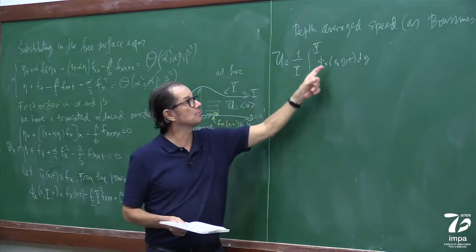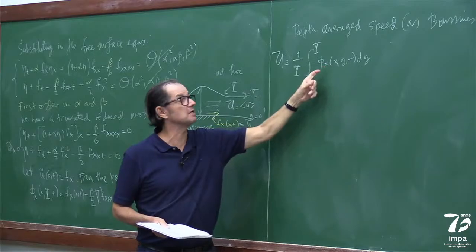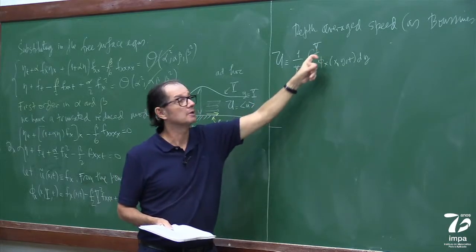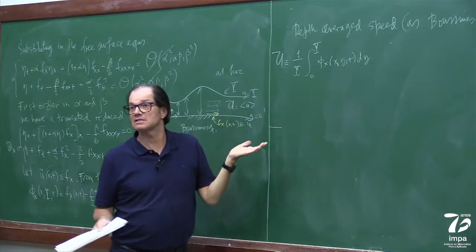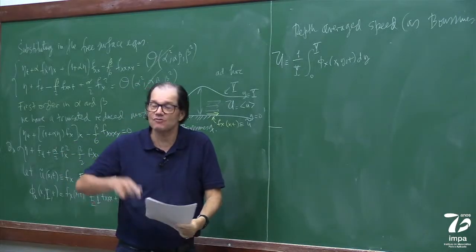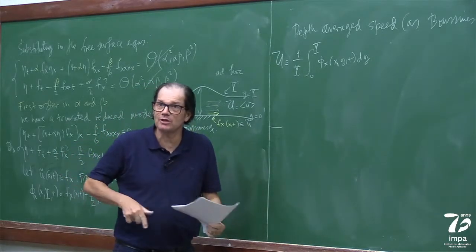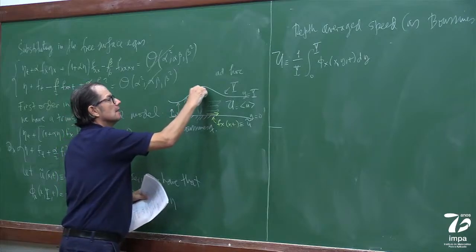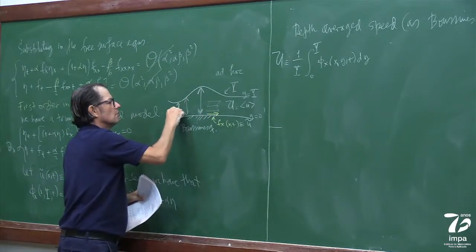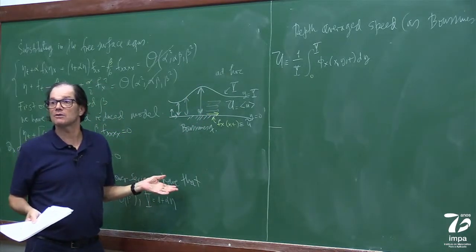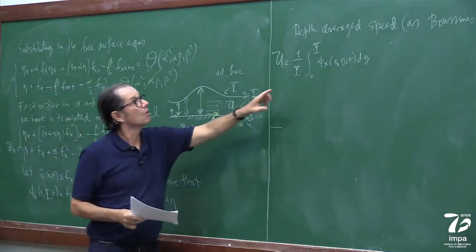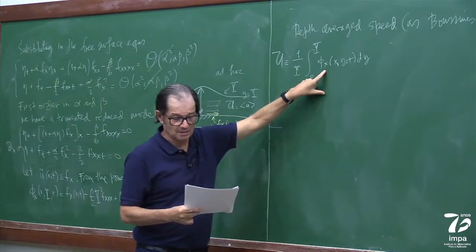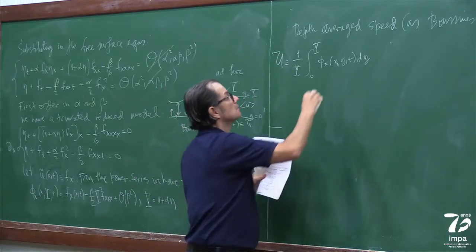I'm summing the speed from 0 to the top and dividing by the height. That's the average speed at that point. It could be a deeper point or a more shallow point. Who cares, right?